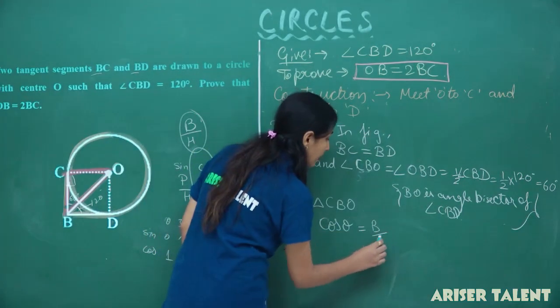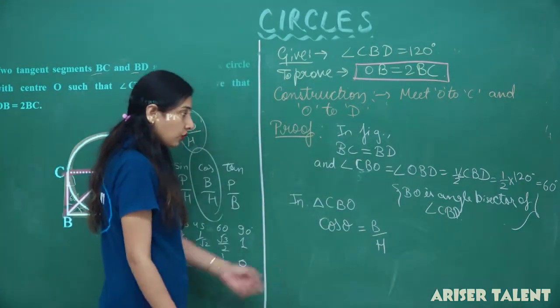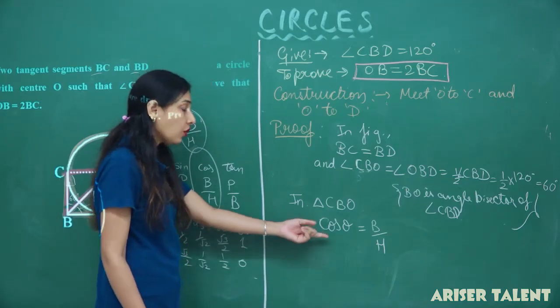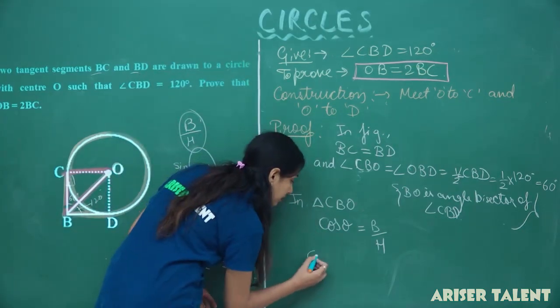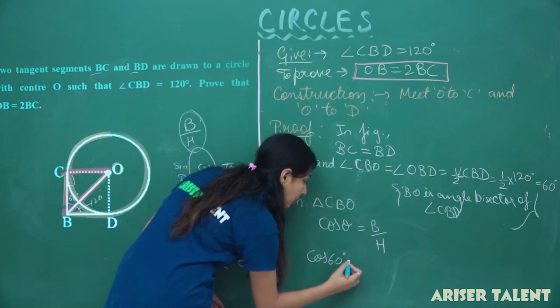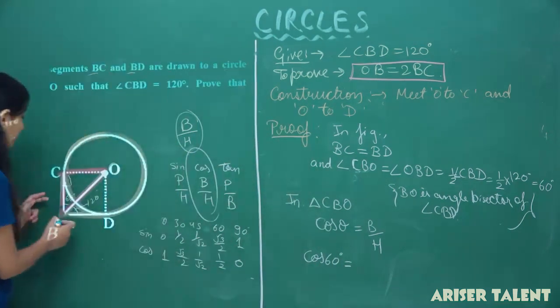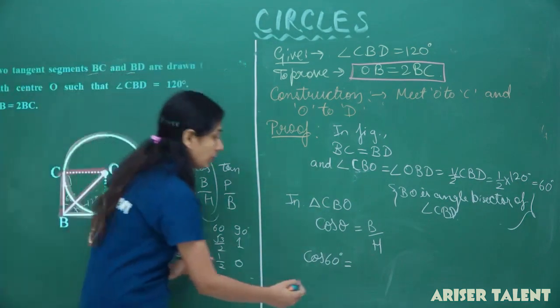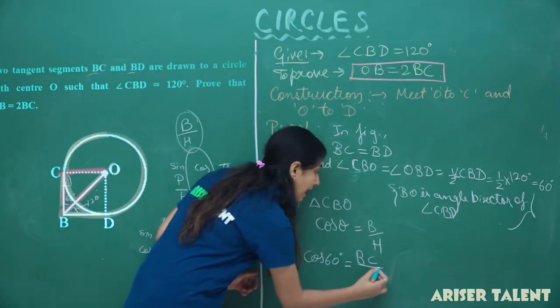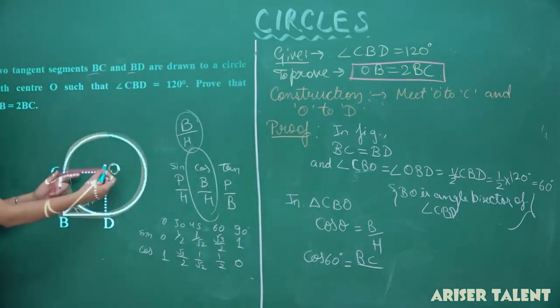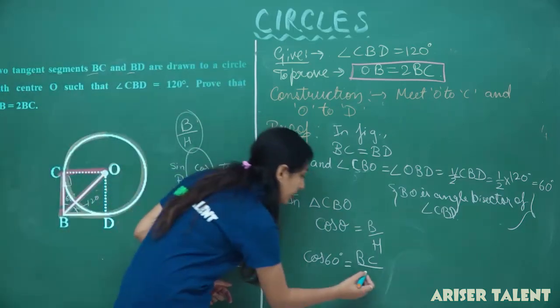Okay. So, cos theta equals B by H. Now, cos 60 degrees equals the base, which is BC, by the hypotenuse, which is OB.